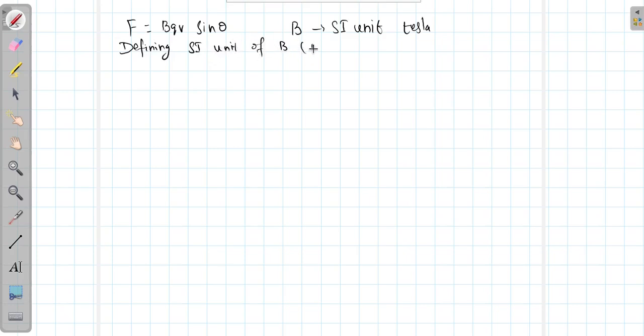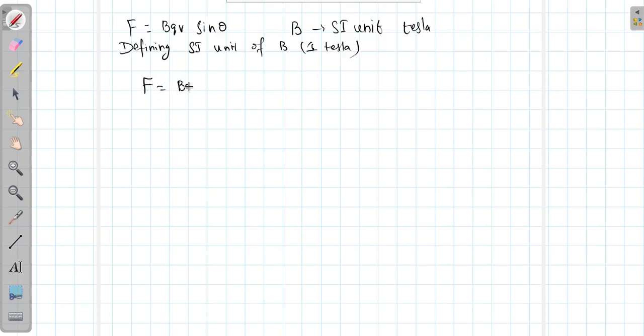We know F is equal to BQV sin theta. The magnetic field SI unit is Tesla. We are going to define 1 Tesla, the SI unit of magnetic field. How shall we explain?